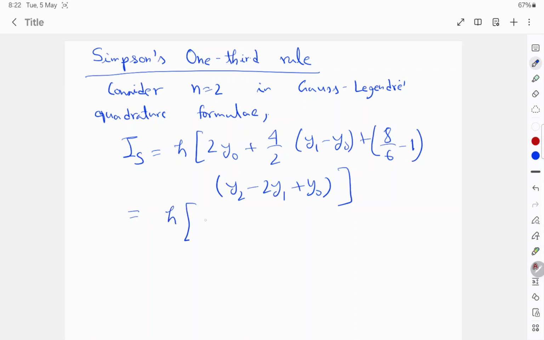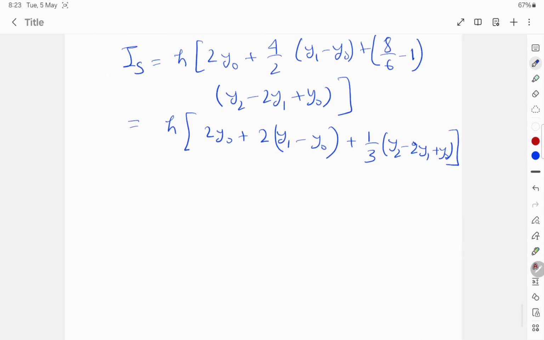So 2y0 plus 2(y1 minus y0) plus 2/6, that means 1/3, times (y2 minus 2y1 plus y0). You see the 2y1 cancels, and 1/3 remains.